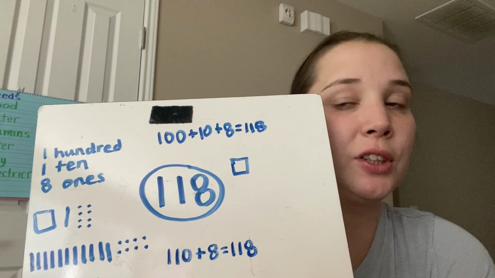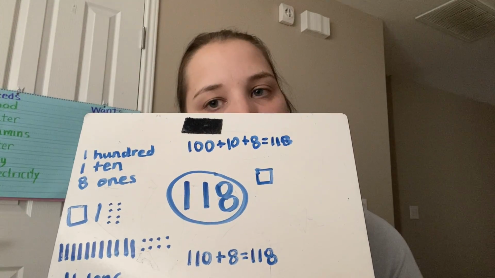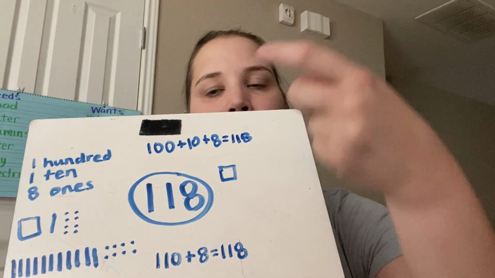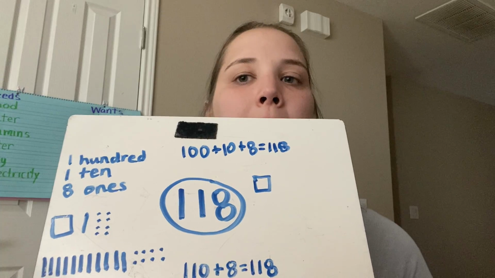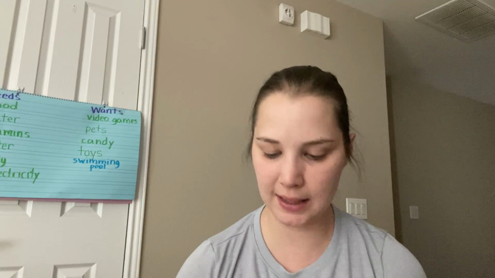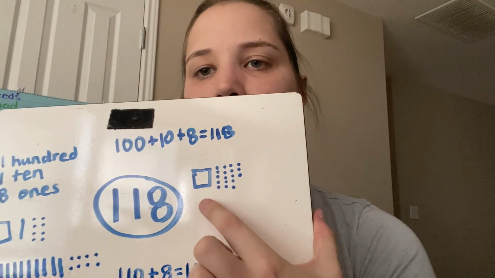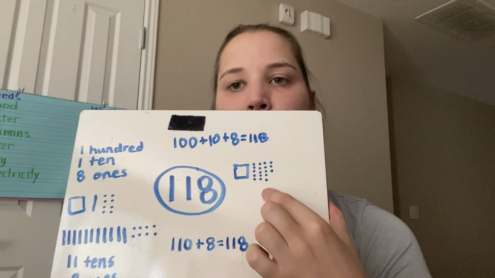Okay, so how many times would you need to count to get to 118 after you have 100? 100, 101, 102, 103, 104, 105. If you kept going, it would be 18 ones, okay? So then you could just do 1, 2, 3, 4, 5, 6, 7, 8, 9, 10, 11, 12, 13, 14, 15, 16, 17, 18. See? So that's my 100 and my 18 ones, okay?